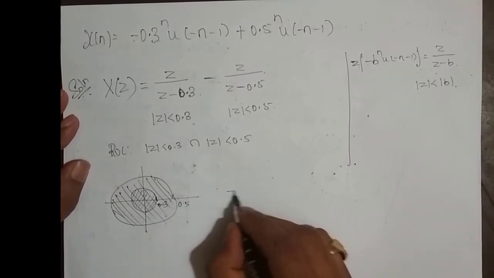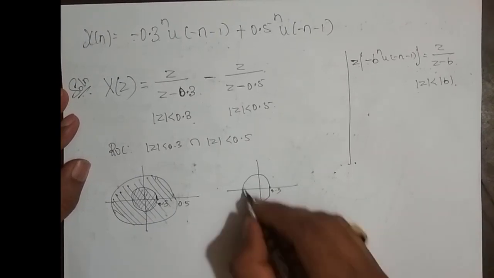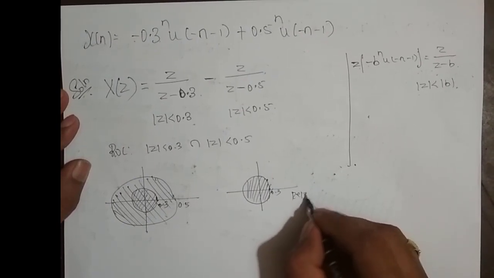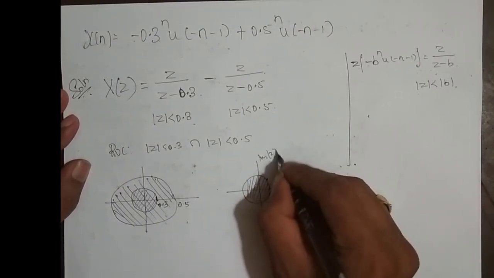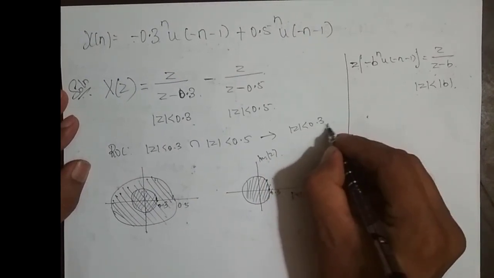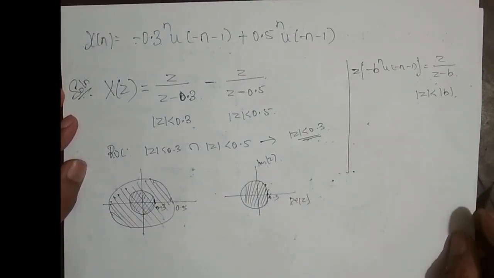So it is inside the innermost circle. Therefore the combined ROC is less than 0.3. This is the real part of z and this is the imaginary part of z. So the combined ROC is magnitude of z less than 0.3. Instead of writing like this, I can write like this.